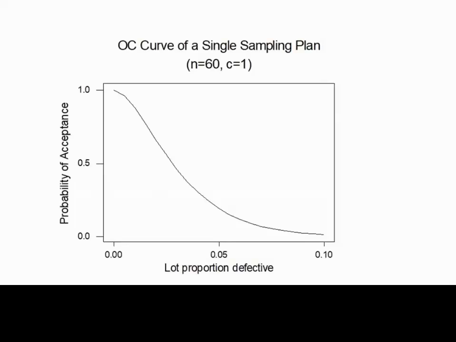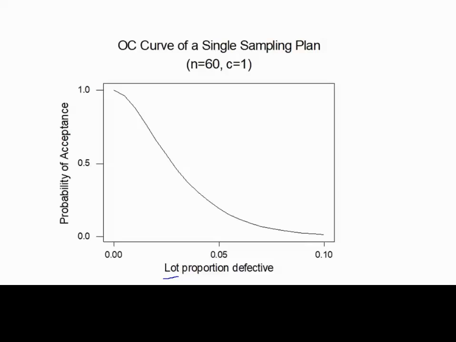Given that's our sampling plan, the OC curve tells us, for different lot proportion defective, now this is of the actual lot, not of my sample, what's the chance with this sampling plan that I'm going to accept the lot? It should make sense that as the lot proportion defective approaches 0, the probability of acceptance is close to 1, almost 100% chance of acceptance.